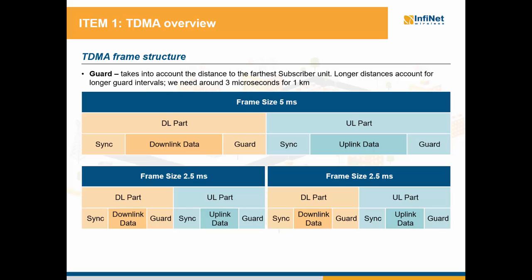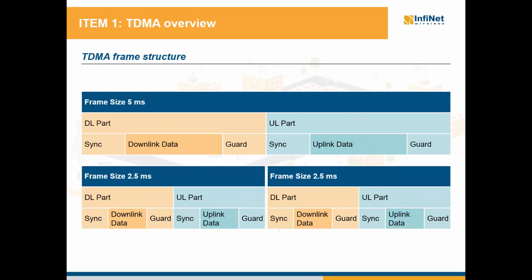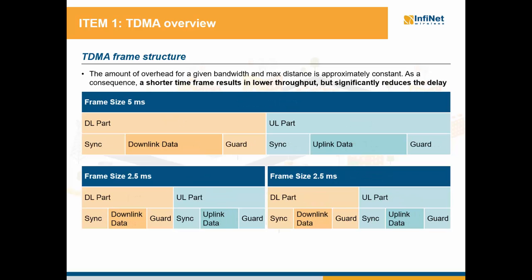For longer distances, the guard interval will be larger, and we need to wait around 3 microseconds for each kilometer. The total amount of overhead, which is composed of the sync and guard information, is approximately constant for a given bandwidth and maximum distance; it does not depend on the air frame duration.